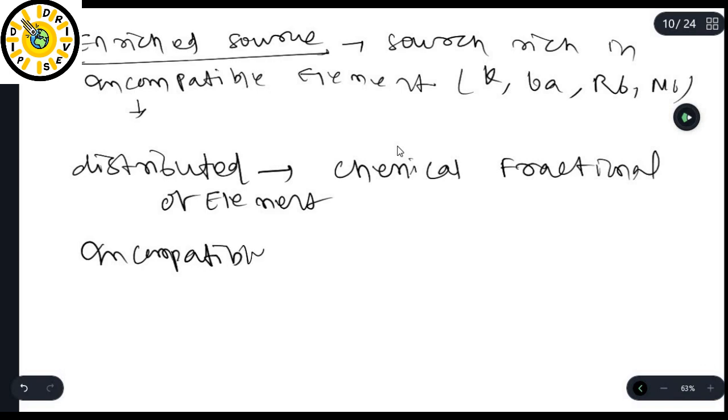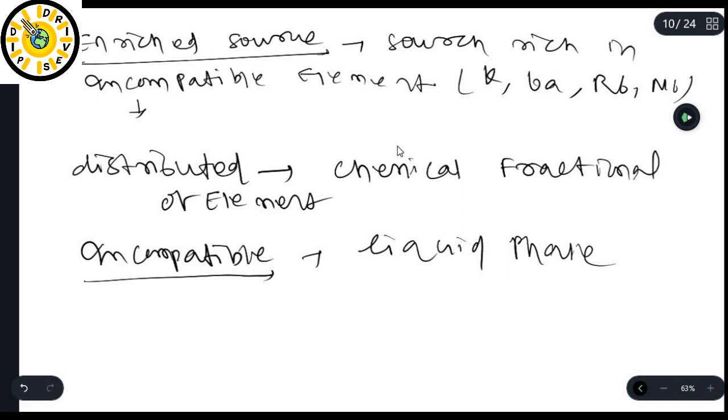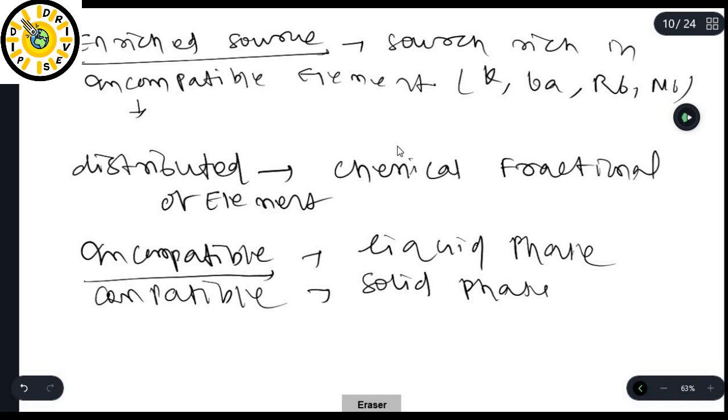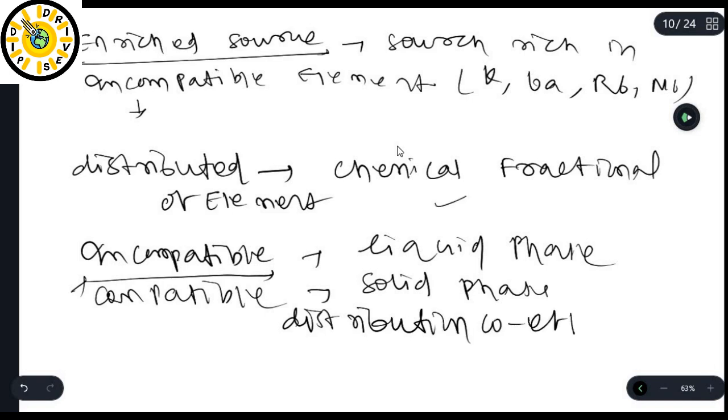During partial melting, some elements go to the liquid phase, and those are called incompatible, while some elements go to the solid phase during partial melting, and those are called compatible. It also depends upon the distribution coefficient, which I just mentioned, and on the chemical fractionation of the element.